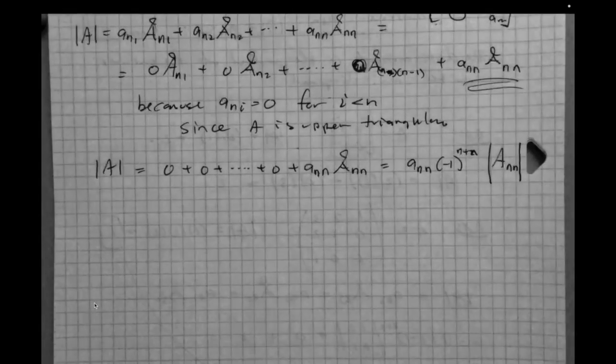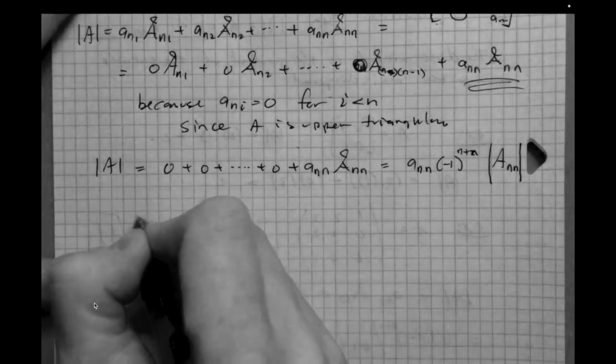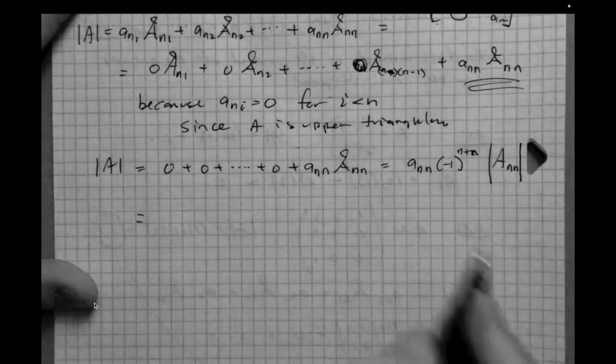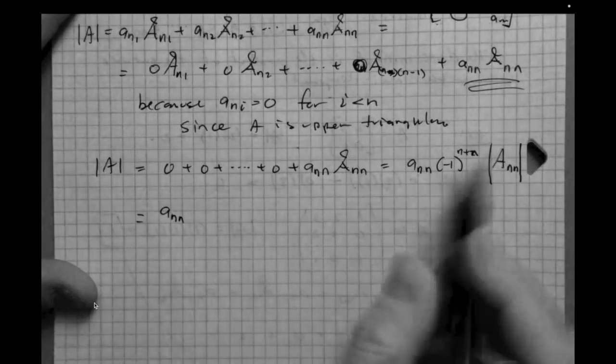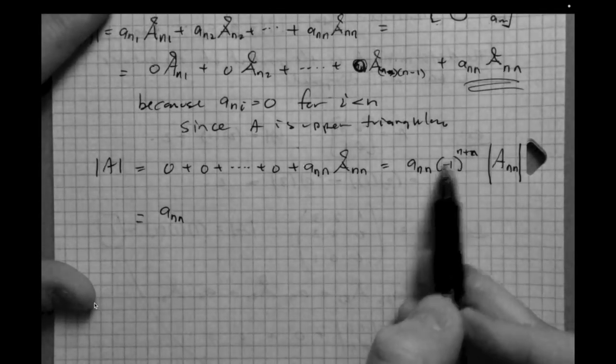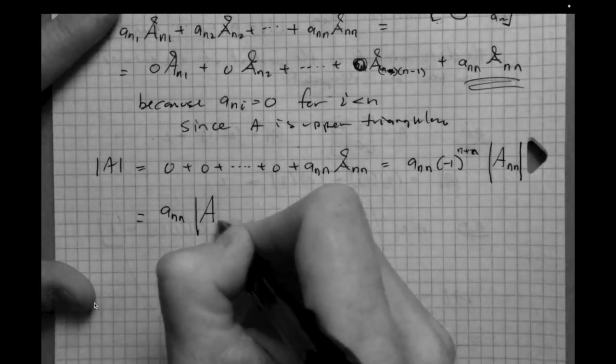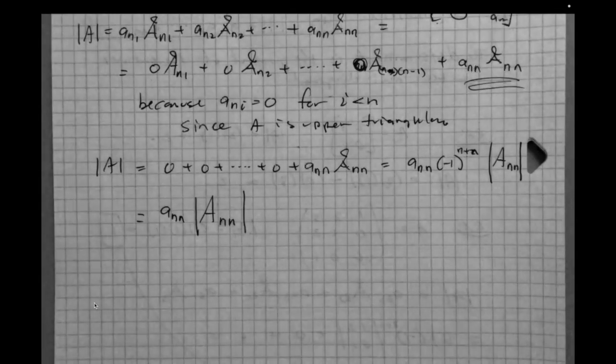All right, so that's basically what happens here in an upper triangular matrix. Now notice n plus n is 2 times n, so this is an even value, so this is just 1. And so it's ann times the determinant of the submatrix Ann.